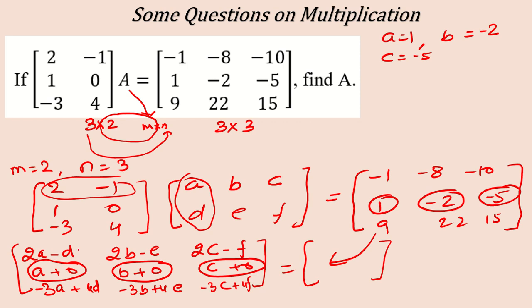With the first equation. You see, it is 2A minus D. So 2A minus D is equal to, the first element is minus 1. What is the value of A? 1. So 2 minus D is equal to minus 1. So D will be equal to 3. So here D is equal to 3. And similarly, you can find the value of E and F also.